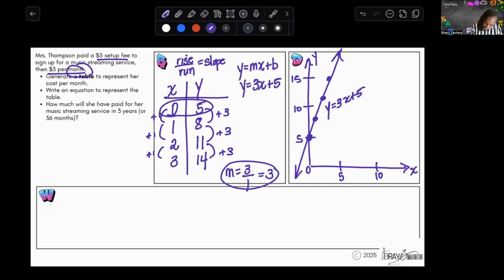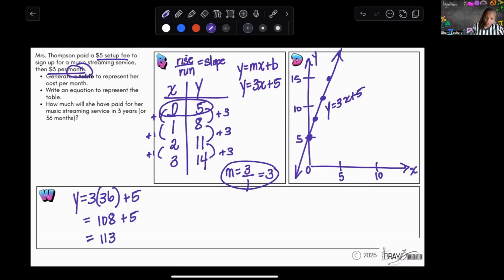I'm going to substitute it in for x. Y equals 3 times 36 plus 5. So I have y equals 108 plus 5. Y equals 113.